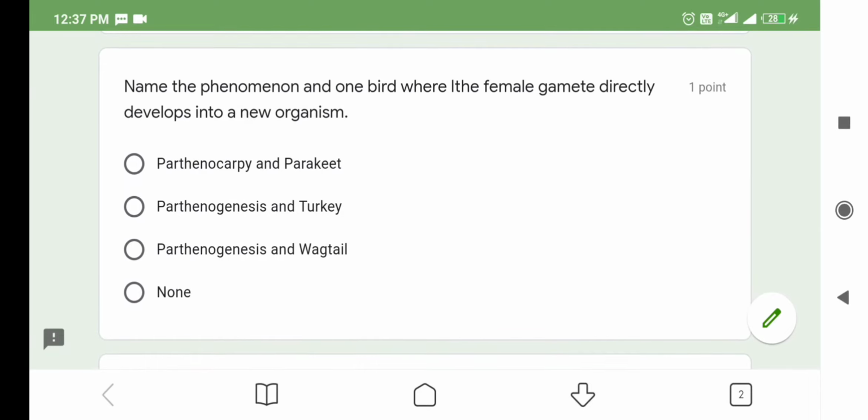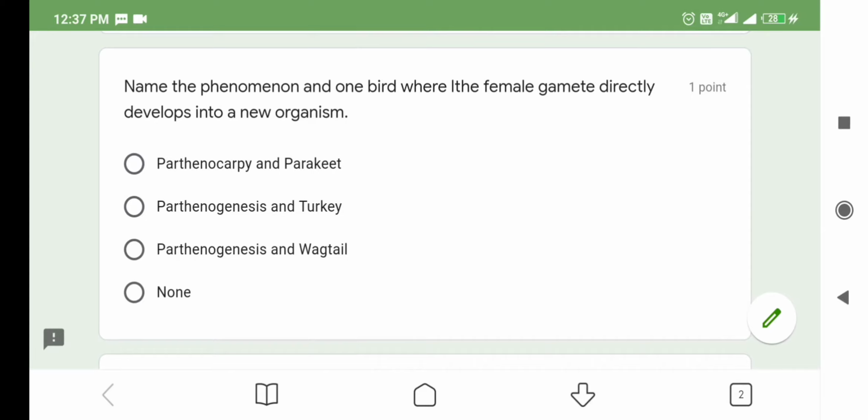Next question, name the phenomenon and one bird where the female gamete directly develops into a new organism. In organisms like rotifers, honeybees, some lizards and birds, the female gamete undergoes development to form new organism without fertilization.